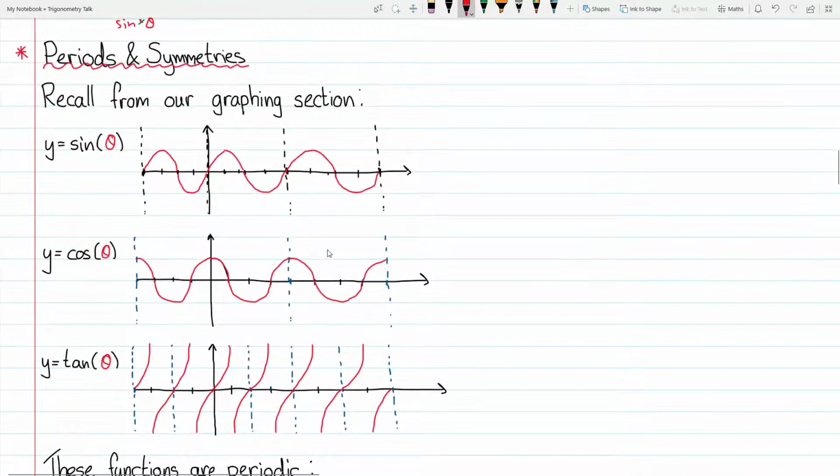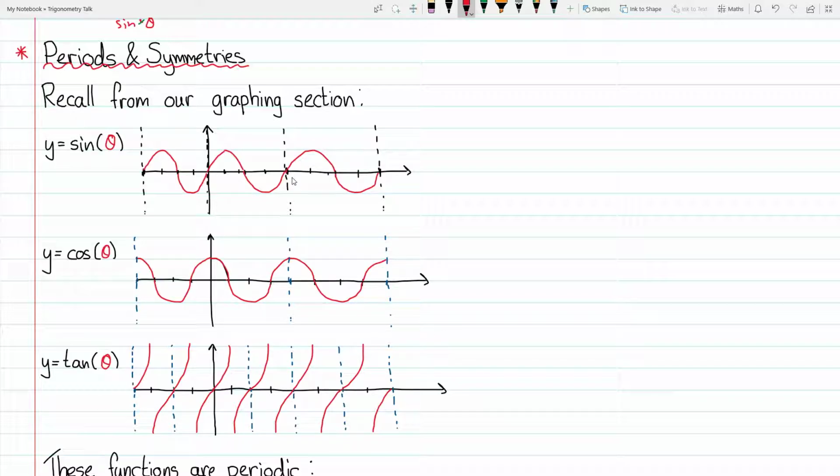So in the previous video, we looked at periods and symmetries and recalled the graphs of sine, cosine, and tangent. And we observed a few symmetries. We observed that these functions repeat.